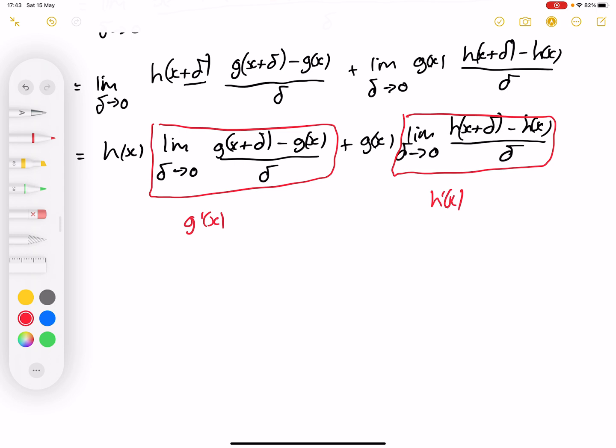So what we have is h of x times g dash of x plus g of x times h dash of x. And that is what you will learn if you learn the product rule. You won't learn this derivation, but you will learn this rule here. So I'm going to put a little square because it's a nice proof, and I will see you all next time.